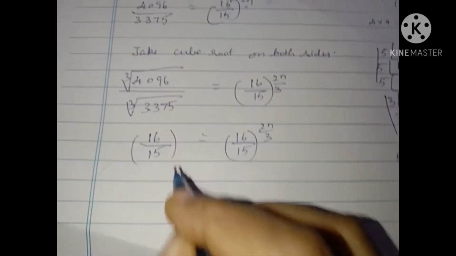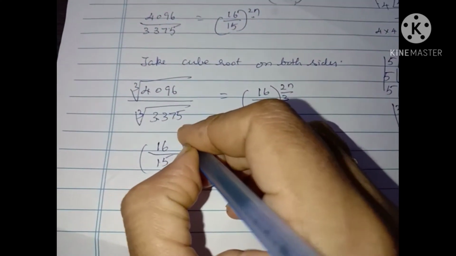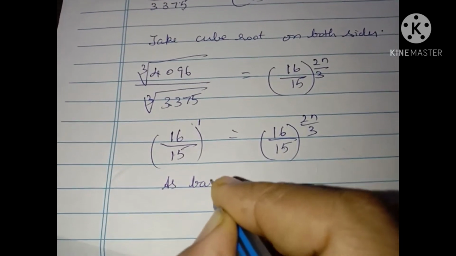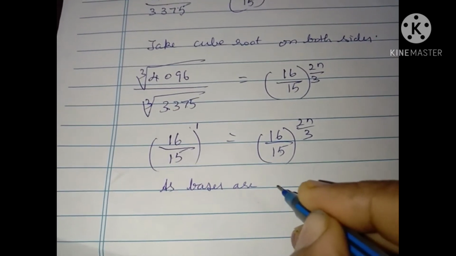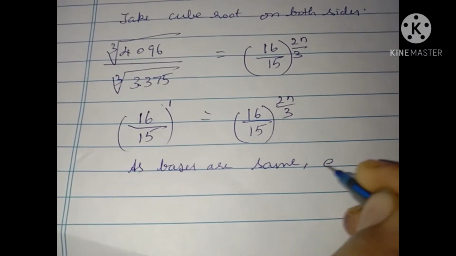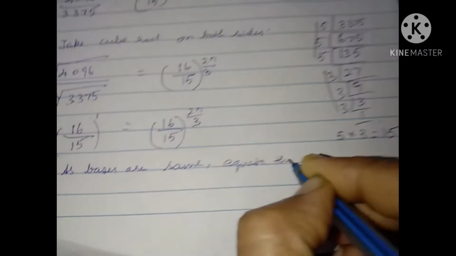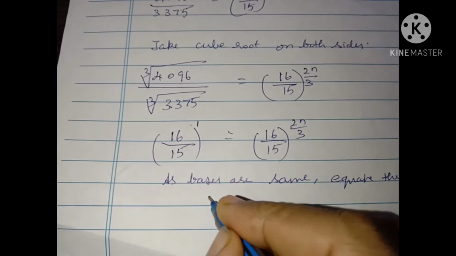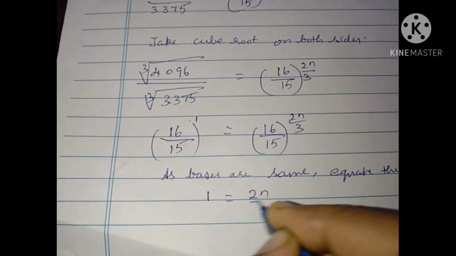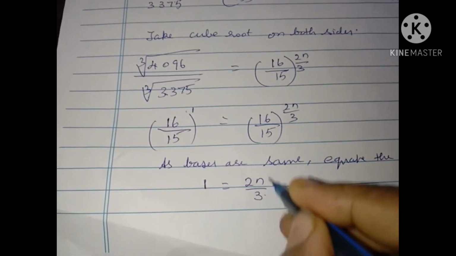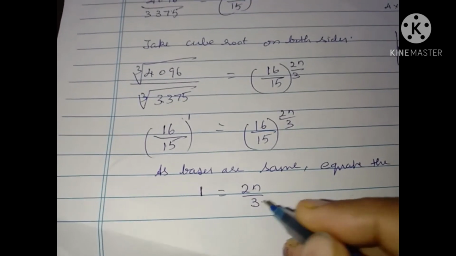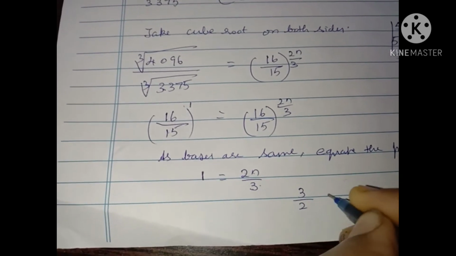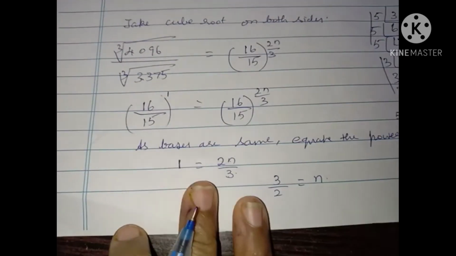As the bases are the same, you can equate the powers. If no number is there, you have to assume it as 1. One is equal to 2n by 3. Keeping the n as it is and bringing this 2 by 3 to your left hand side as 3 by 2 is equal to n.